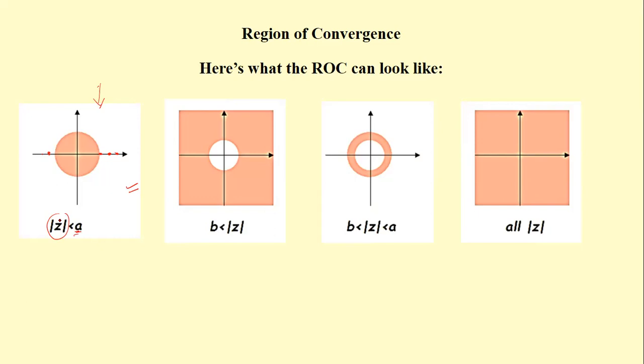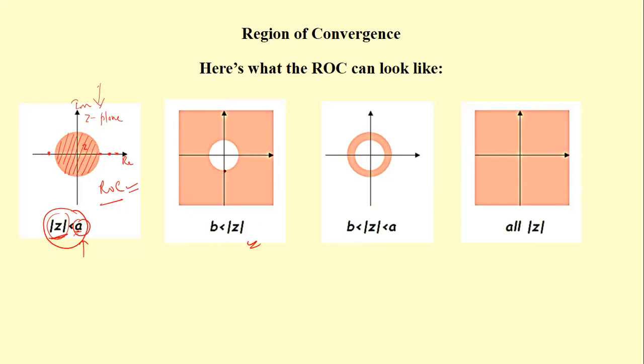So if the values of z are less than this a, then we have this shaded region on the z plane. This is the z plane, this is the real axis, this is the imaginary axis. The values of z in this region are less than a. So this particular ROC belongs to a sequence which will converge for all the values of z which are less than some number a.